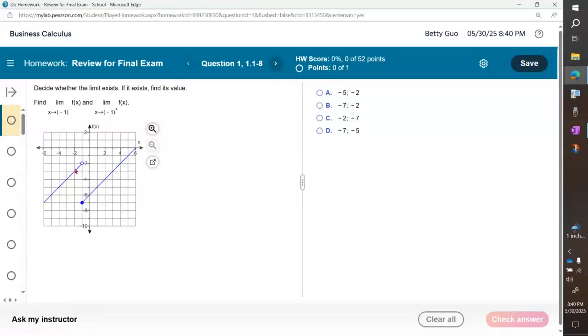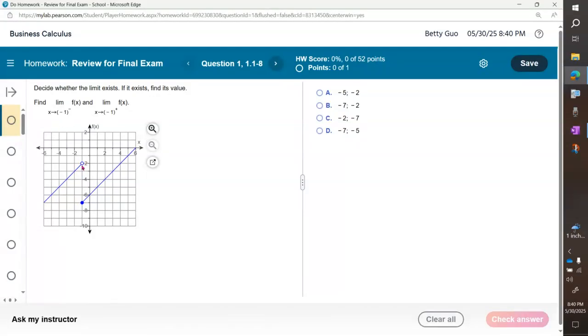When variable x approaches -1 from the left, variable y approaches -2. Again, the limit of a function is the value that the variable y approaches when x approaches a point.